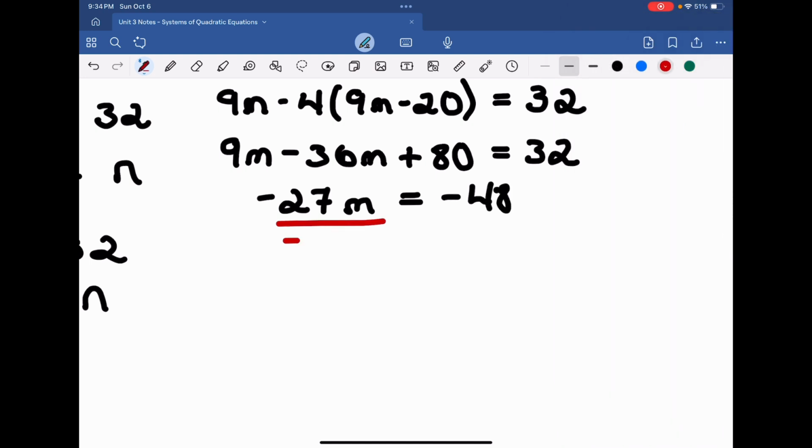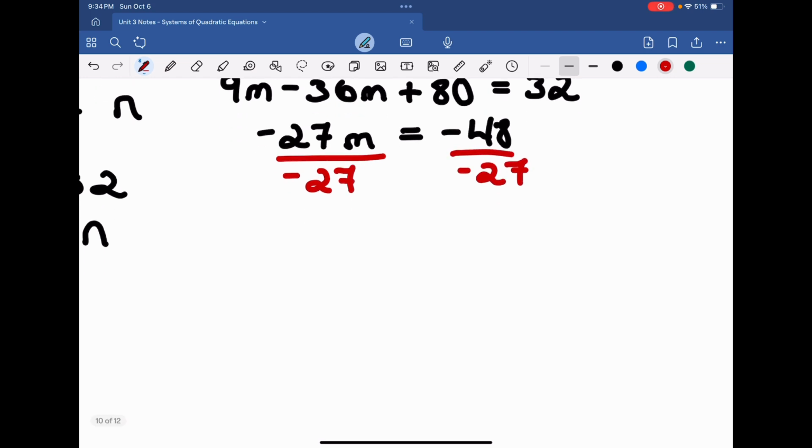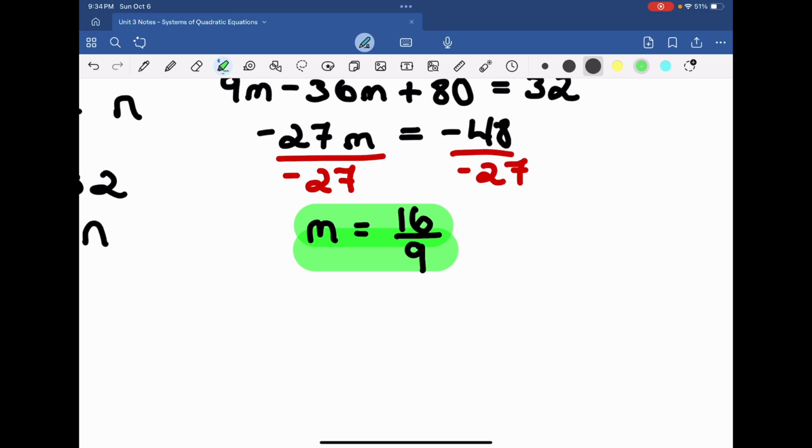We divide both sides by negative 27, because we want that m alone. This is going to give us m is equal to 48 over 27, we can actually divide these both by 3. The negatives cancel. This becomes 16 over 9. There we go. So here's the m value, or the value of m that would satisfy both equations.